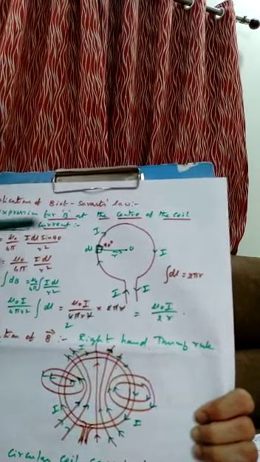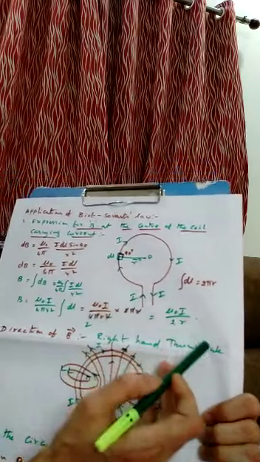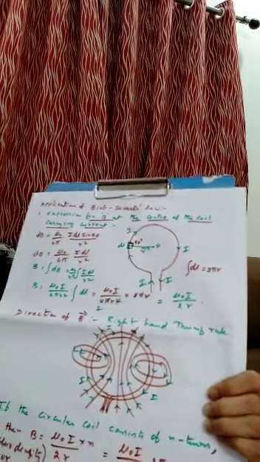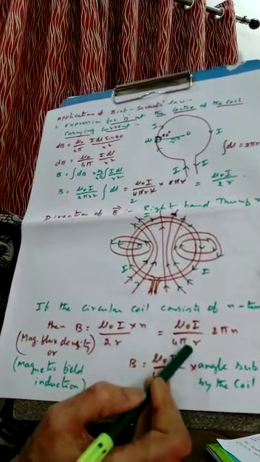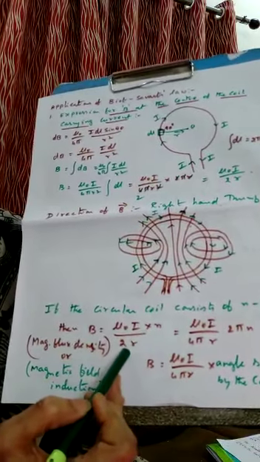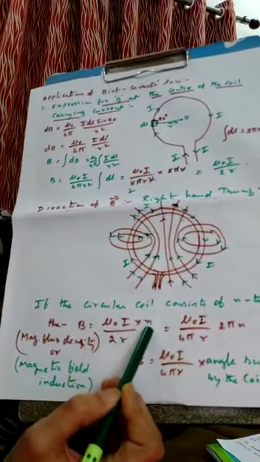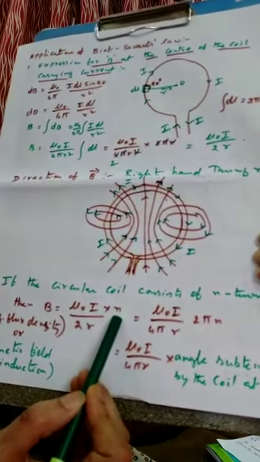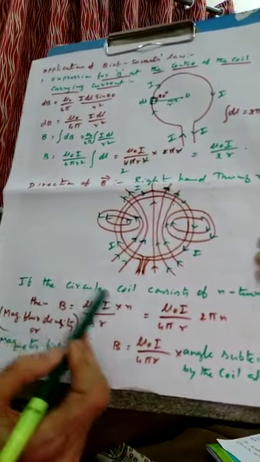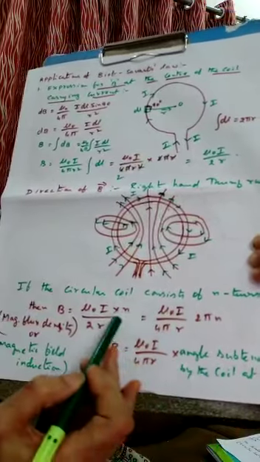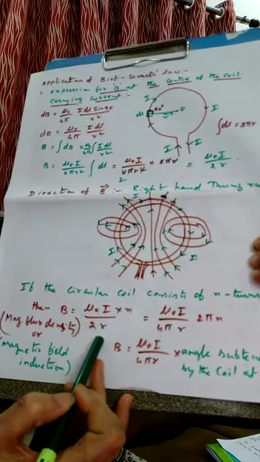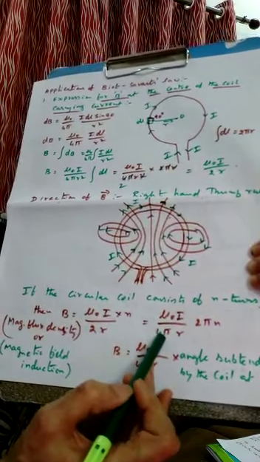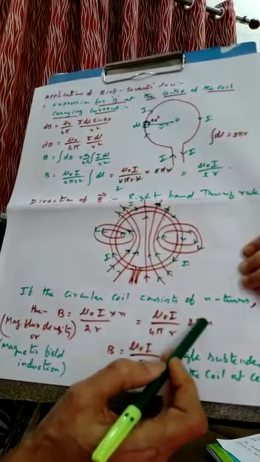If the coil consists of many turns, then what is the formula? We are supposed to multiply by n. Mu naught I by 2r into n, where n is the number of turns of the coil. Mu naught I by 4 pi into r, times 2 pi n.